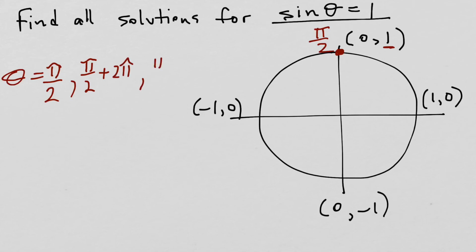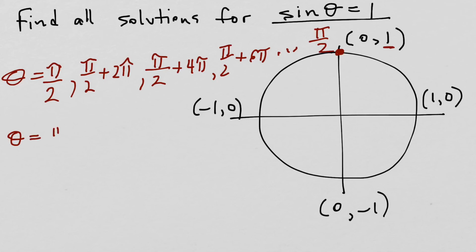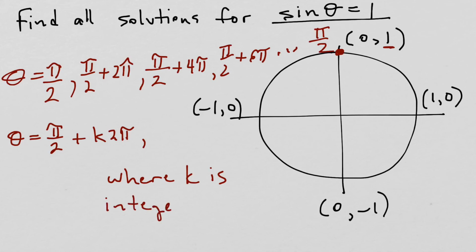So each of these is going to be a multiple of 2 pi that we have to go around to hit that angle again, etc. So I can write that in the general sense by saying theta is equal to my base angle plus all multiples of 2 pi this time, where k is an integer. And this would be how I'd write my solution.